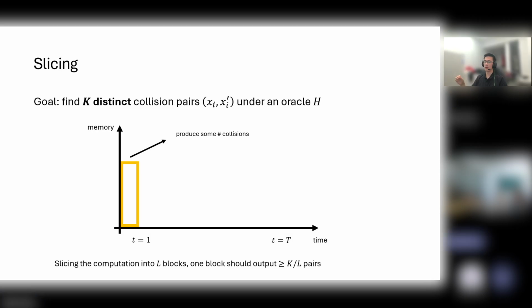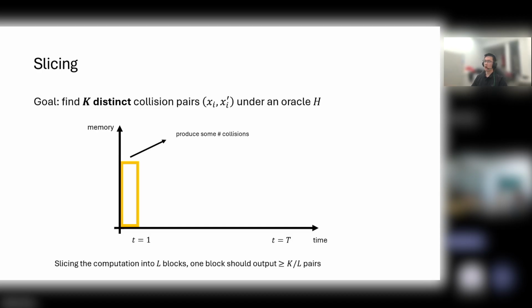Wait, so we are trying to argue that there does not exist an algorithm which can be broken into L slices which can solve the k-distinctness problem. Is that how the proof works? My concern was, if L is larger than k, then we wouldn't have a valid progress measure.